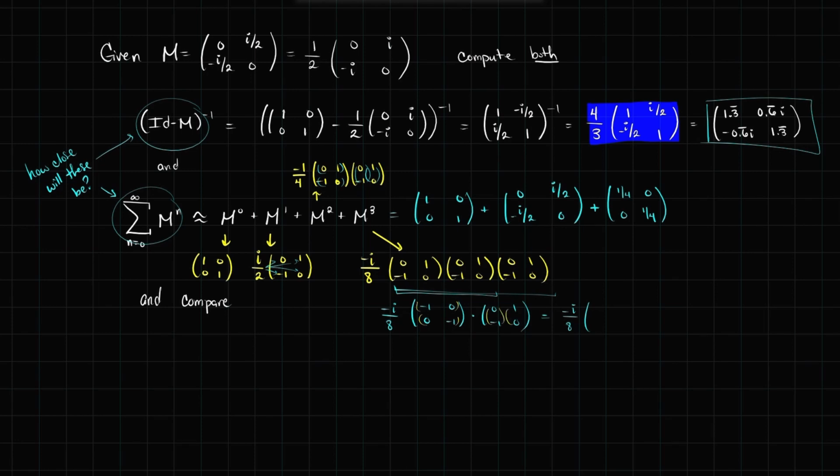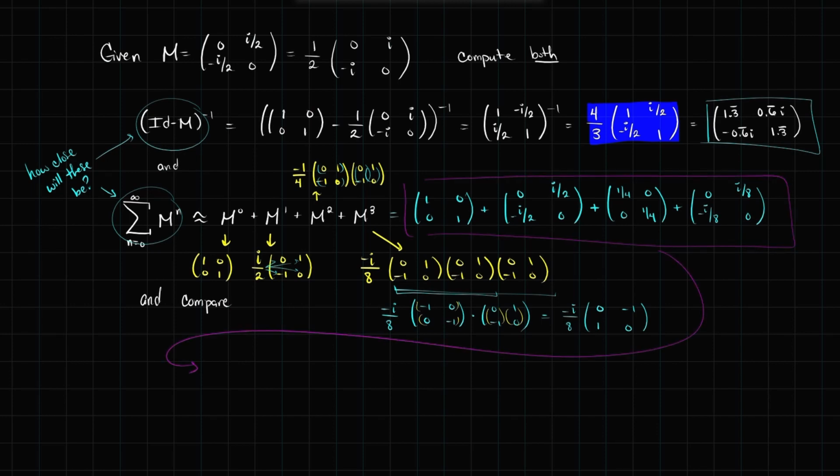If I take all rows with all products, it looks like my top left is 0, my top right is negative 1, my bottom left is positive 1, my bottom right is 0. So it looks like I am adding a 0, and then i over 8. I'm adding negative i over 8 and 0. So if I combine all 4 of these together, element-wise, where does that take me?